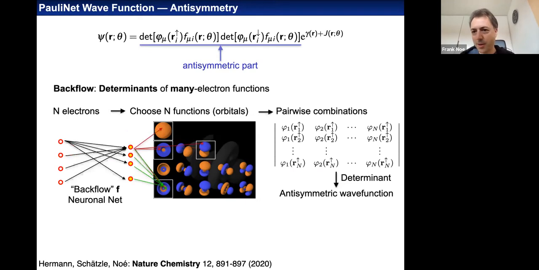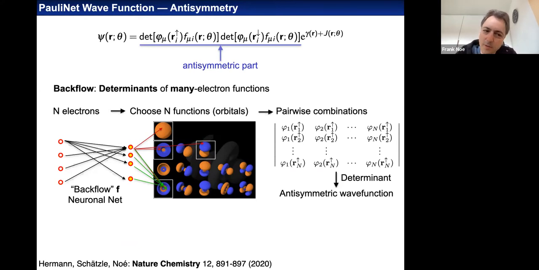And the neural network idea is now to thread the electrons through a neural network and say, well, we input them into a neural network. This neural network has some properties that need to be respected. For example, it needs to be permutation equivariant. That means if we exchange electrons at the input, the outputs have to exchange as well.